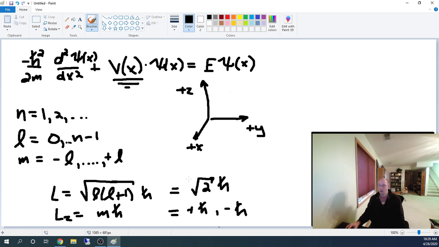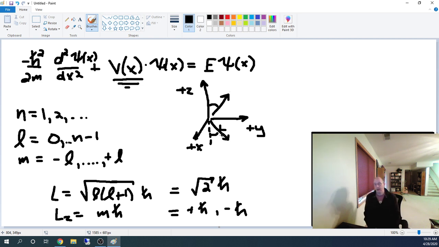Because of that, notice that there are specific values. You could have a 45-degree angle here, or negative 45 degrees with respect to the z-axis. So the angular momentum orientation can either be, this is for m equal to positive 1, and this one is for m equal to negative 1.